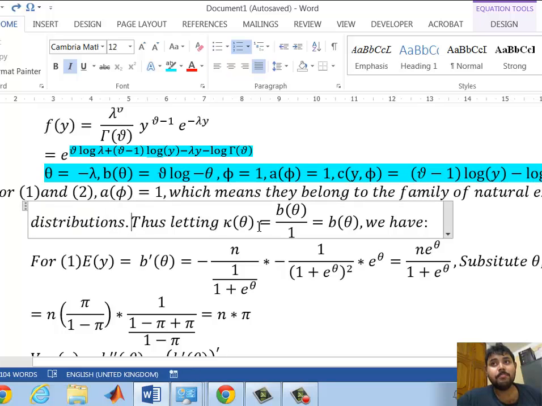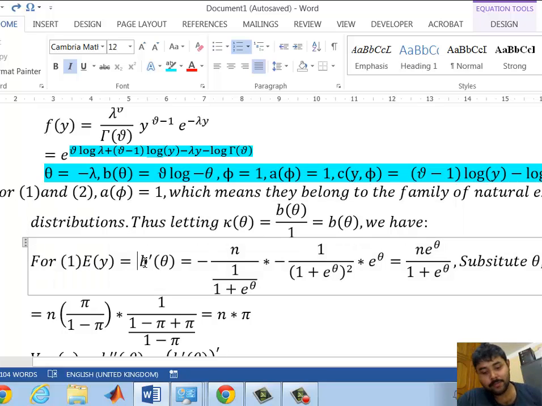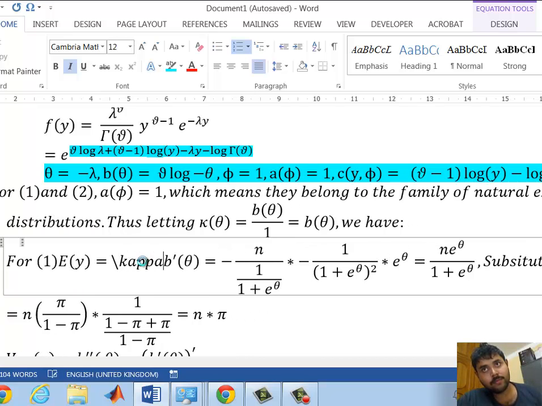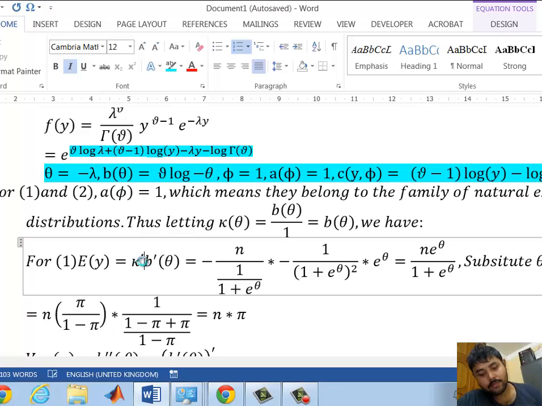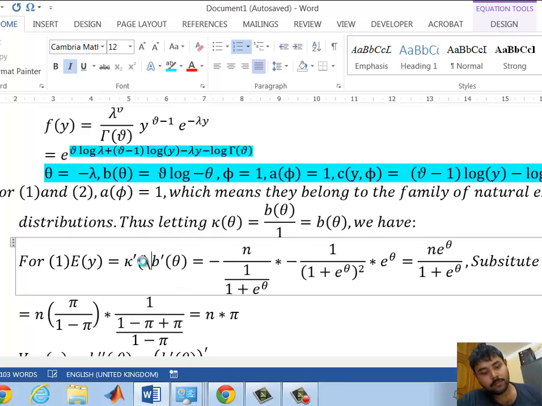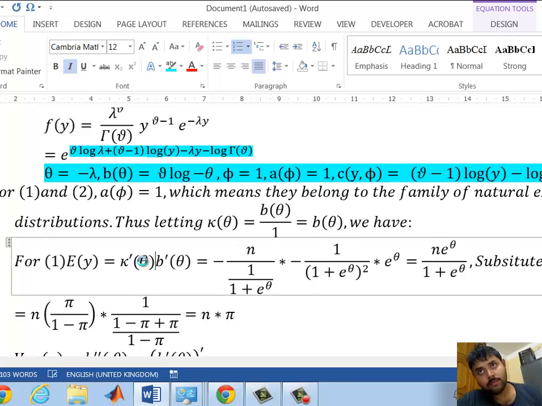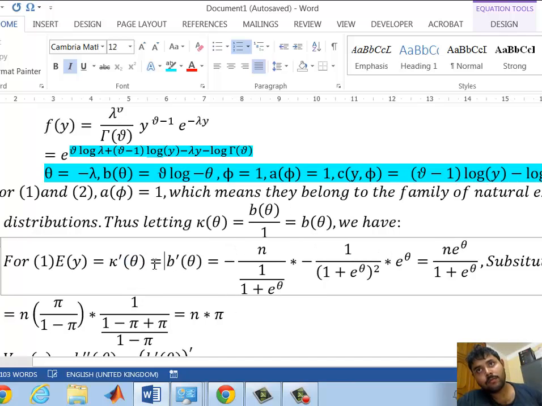Thus letting kappa we have equal to E of y.